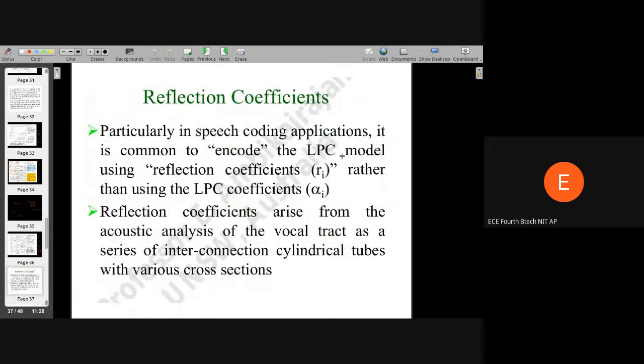So let's now go to reflection coefficients. This LP analysis is very useful, as you can see. You can use it for coding, meaning for a particular speech frame, using only a few parameters.